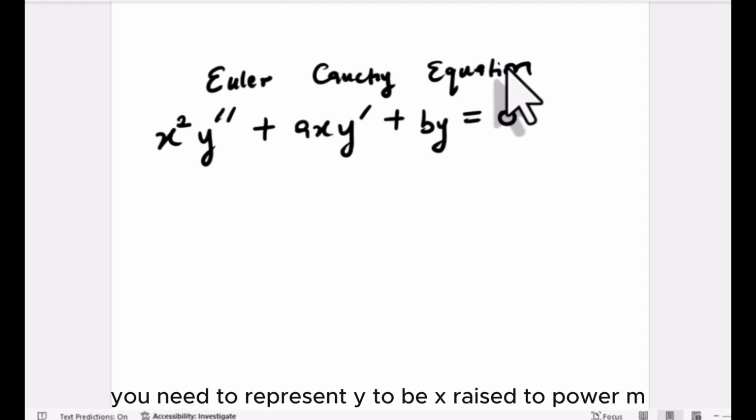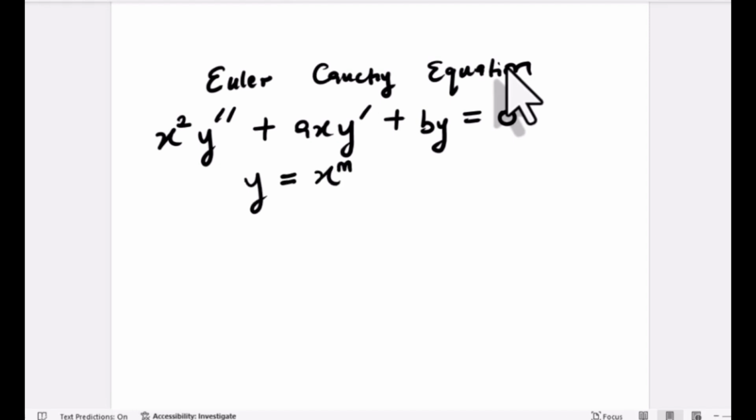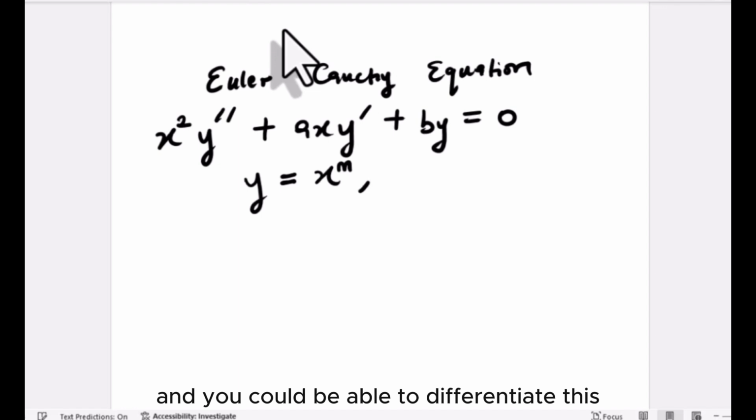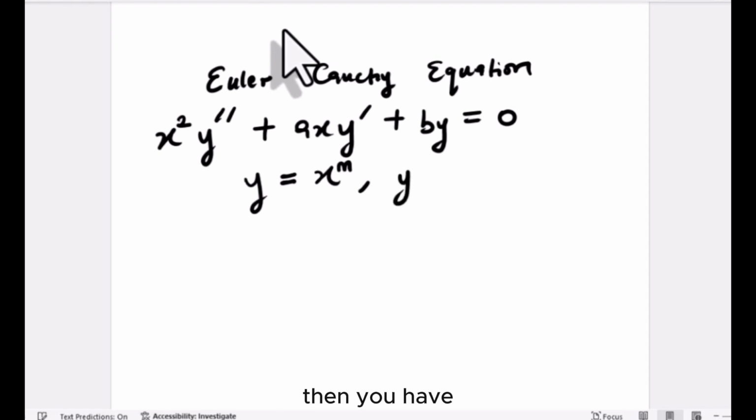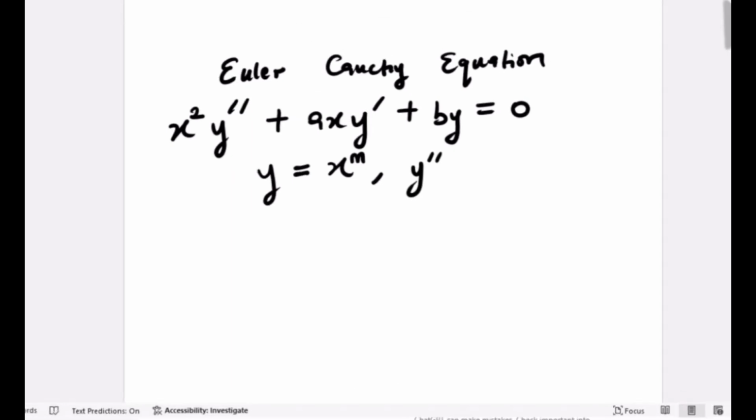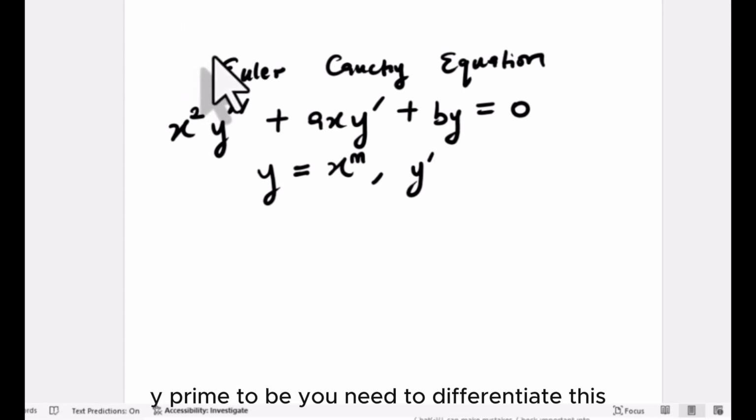In this kind of equation, you need to represent y to be x raised to power m, and you can differentiate this. Then you have y prime, you need to differentiate this.